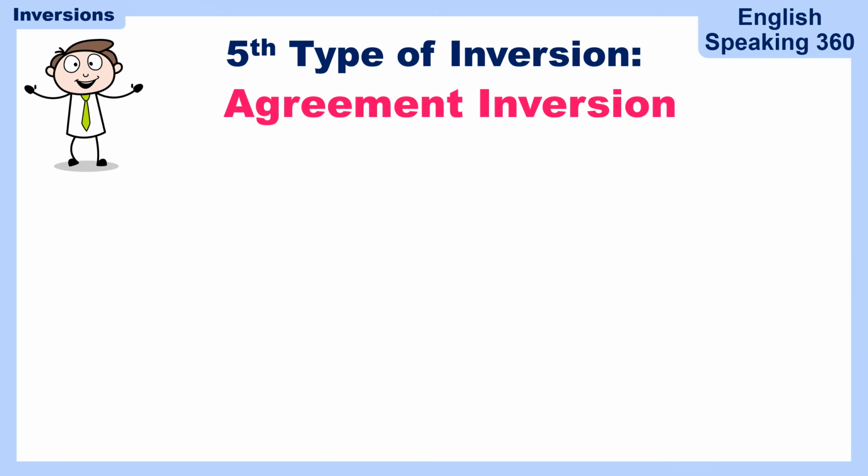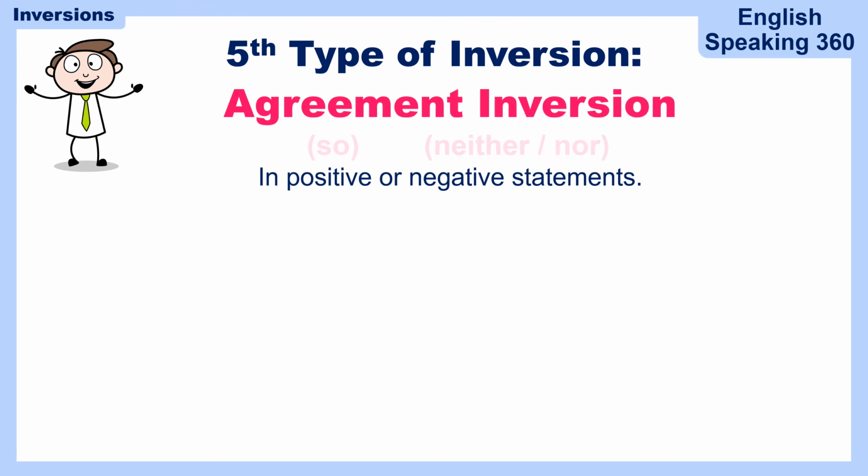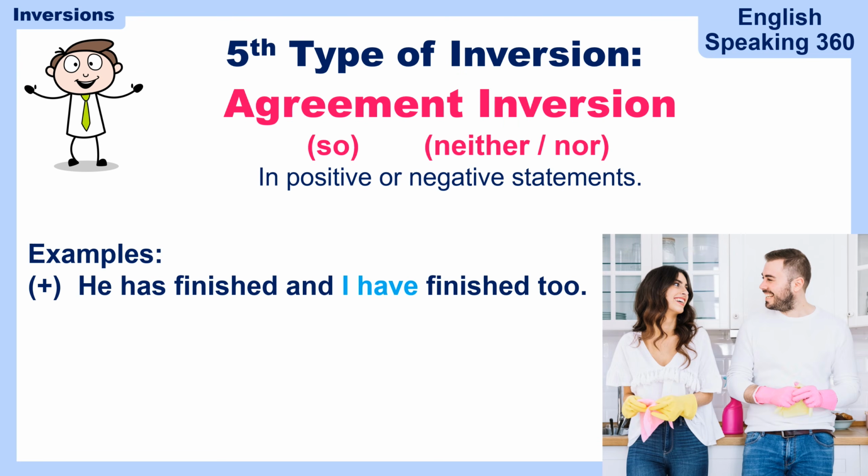Here's another type of inversion, agreement inversion. Now watch out, pay attention for this one. We use that in positive or negative statements. Be careful. In positive statements, we use so. In negative statements, we can use neither or nor. Now here's an example. He has finished and I have finished too.